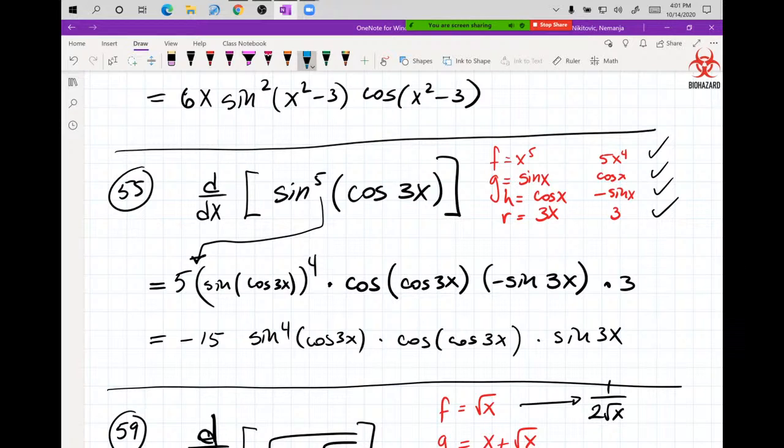So we said we had 4 functions which would turn into 1, 2, 3, 4 derivatives, and then we simplify.